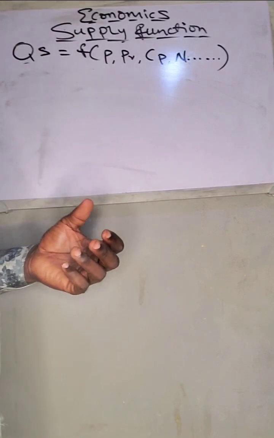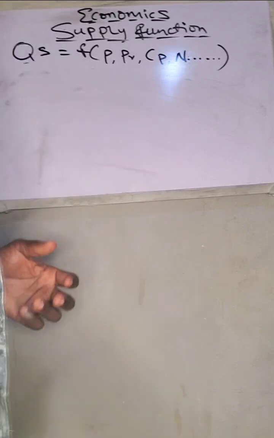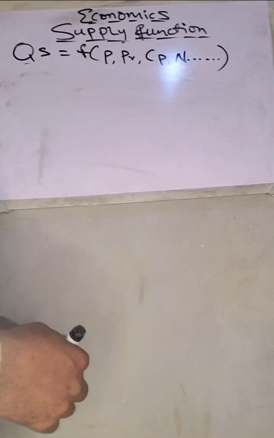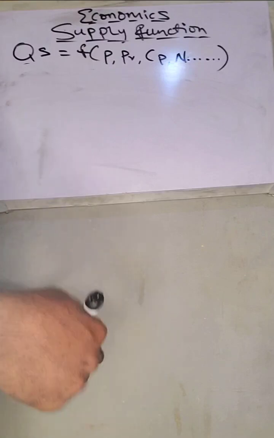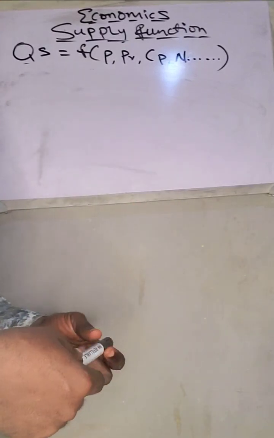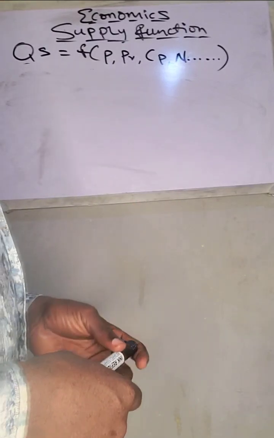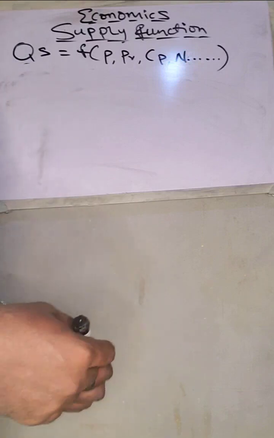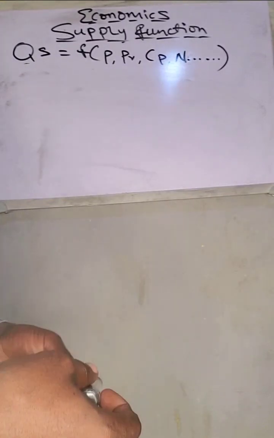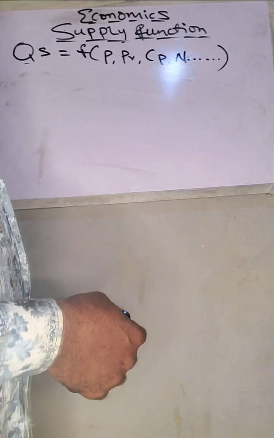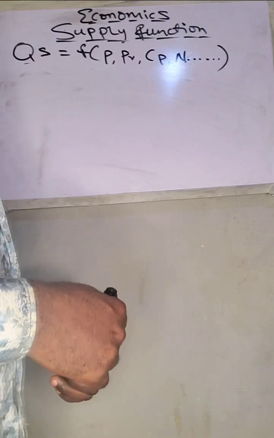Another one is cost of production. An increase in the cost of production leads to a decrease in quantity supplied. And a decrease in the cost of production leads to an increase in quantity supplied.